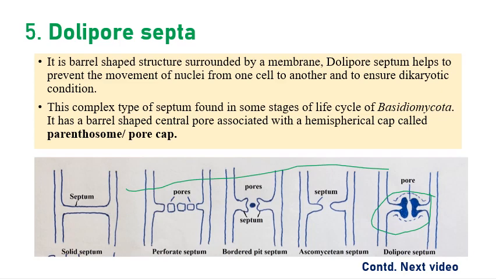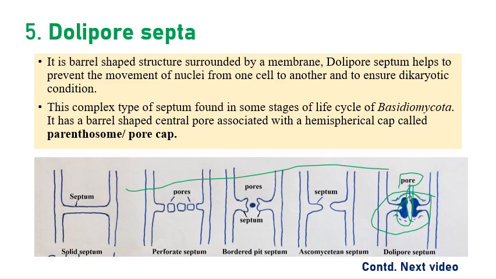It is a complex type of septa, a little more complex compared to the other types, where a small central pore is present. That pore is covered by the parenthosome or pore cap.